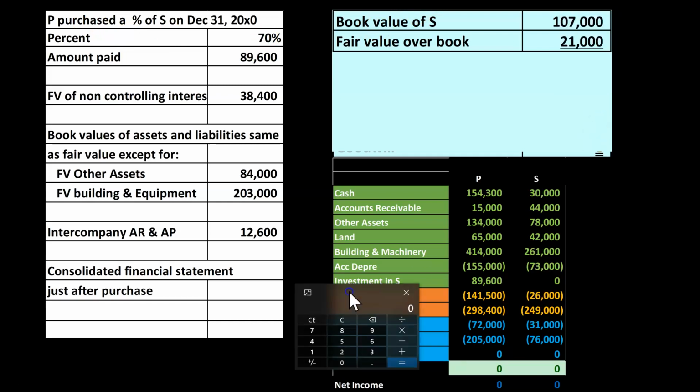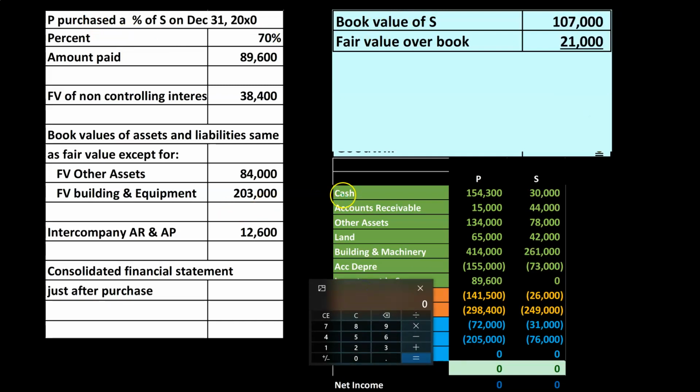We're going to say then that if we take the other assets, so we have 84,000 and the 203,000, so we've got 84,000 plus the 203,000 minus what is on the books for other assets, 78,000, and the little bit tricky here, minus the building and machinery 261,000 plus the 73,000. That's going to give us the 21.